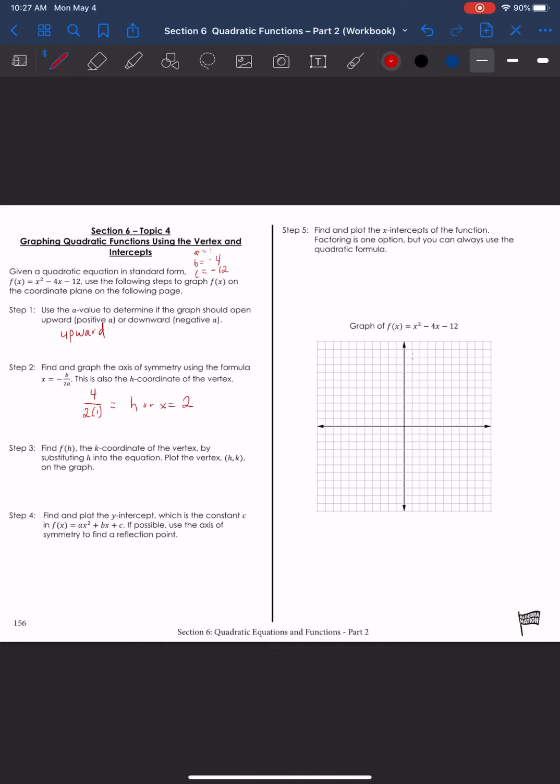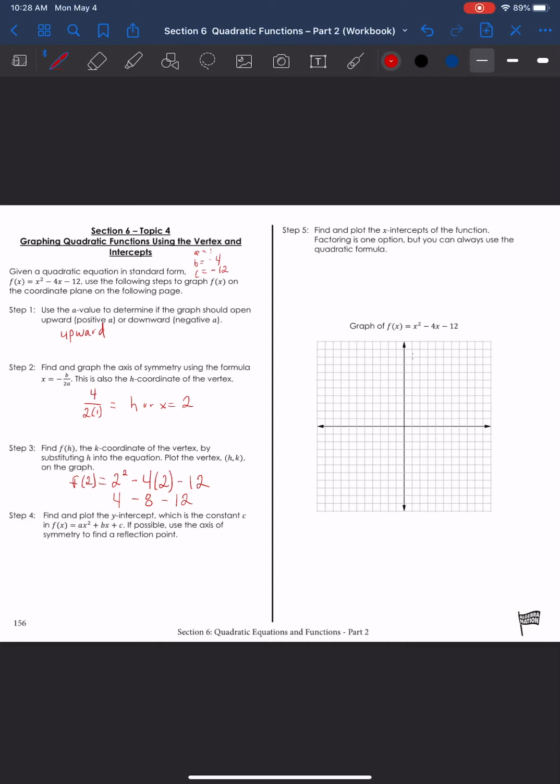Alright, step 3 is going to be solve the function by substituting in that x value into the quadratic. So we're going to find f of 2, and when I plug that in, that's going to be 2 squared minus 4 times 2 minus 12. We're going to start off with the exponent. 2 squared is 4, minus 4 times 2, which is 8, minus 12.